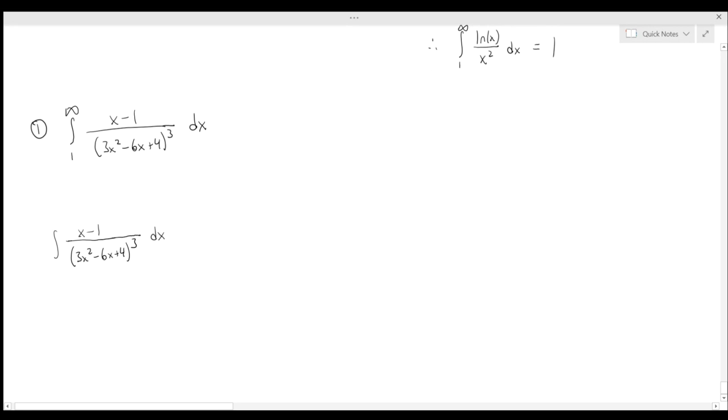All right, so we can evaluate this by doing a u substitution. So I would choose u to be the inside of the parentheses here. Okay. So if we do that, then we're going to get du is getting the derivative, 6x minus 6 dx.